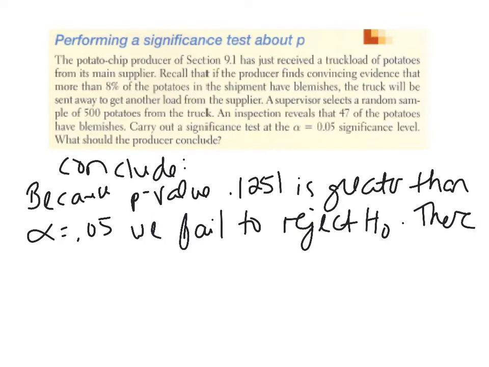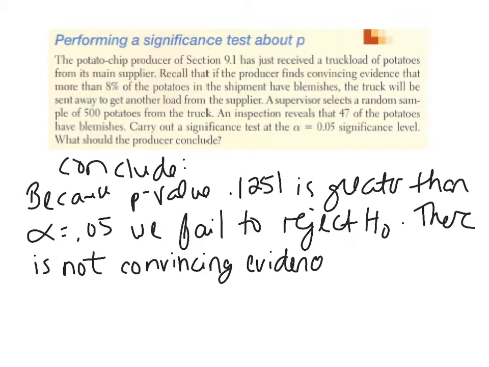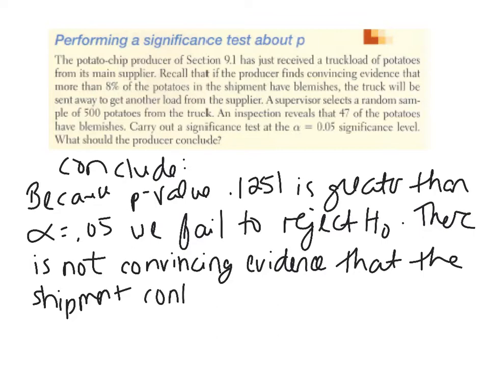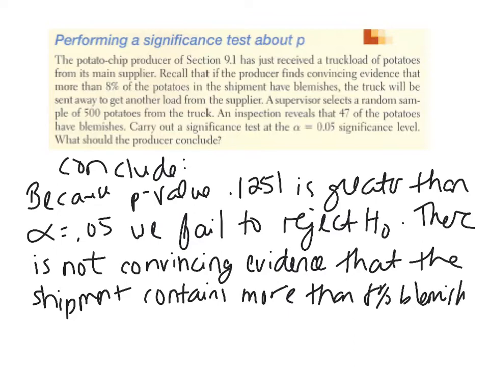There is not, and this is a must thing, you need to say it this way, there is not convincing evidence that the shipment, and here's all my context, okay, that my shipment contains more than 8% blemished potatoes.